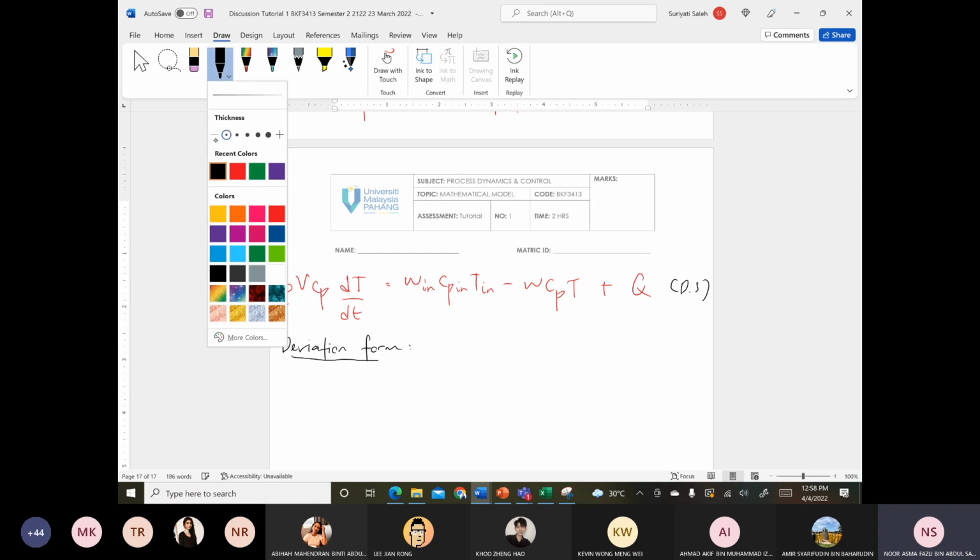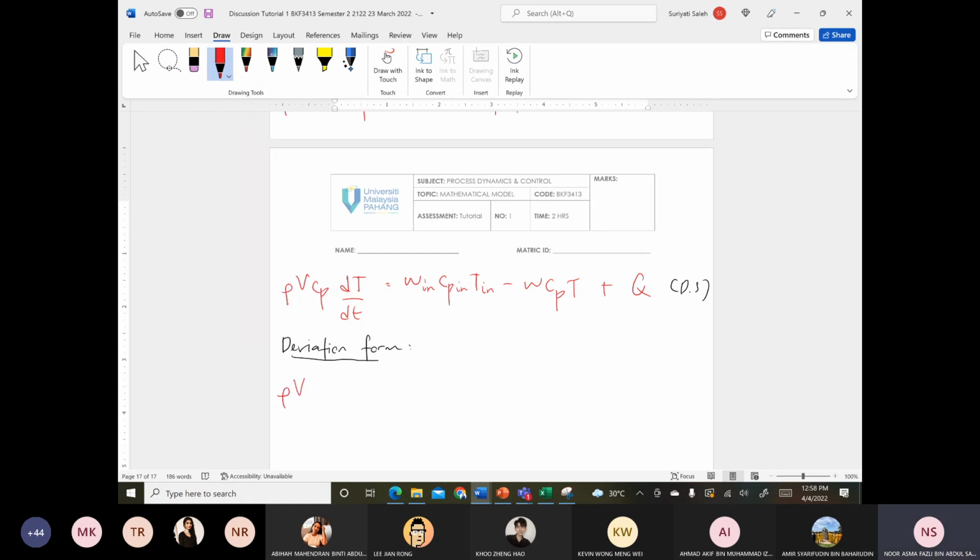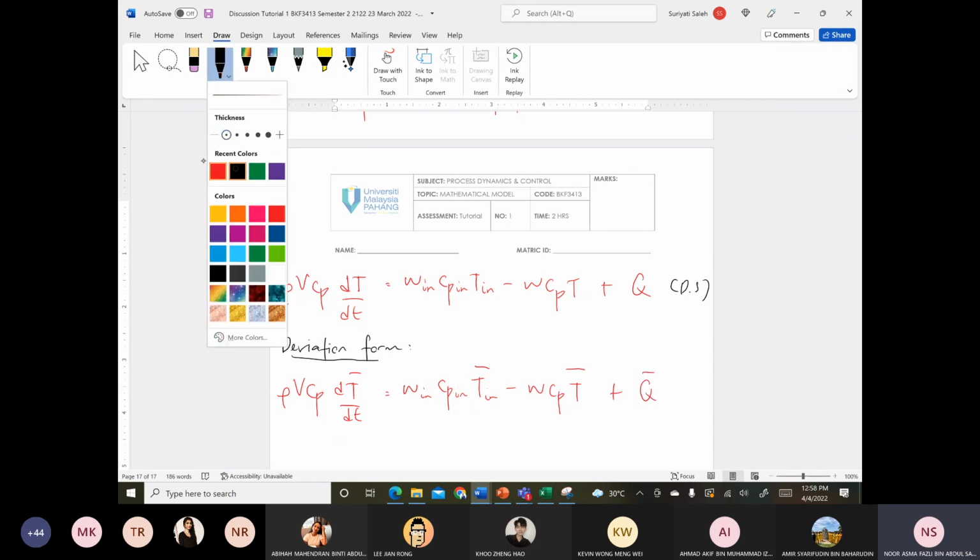And then for the steady state, rho V Cp dT bar over dt equal to, so the W in is constant, mass flow rate is constant, Cp is also constant. Only the T in will be changed. So you put the T in bar minus W Cp T bar plus the Q bar. So this represents the steady state equation.